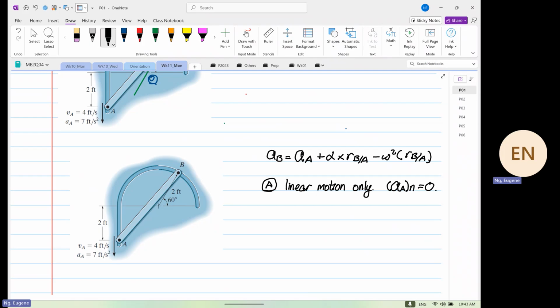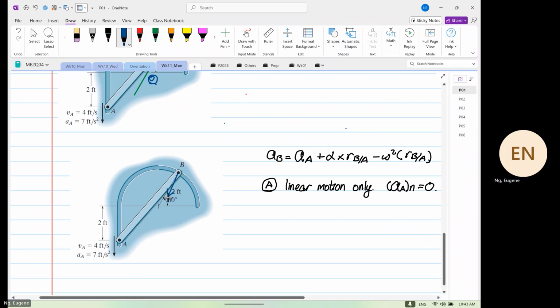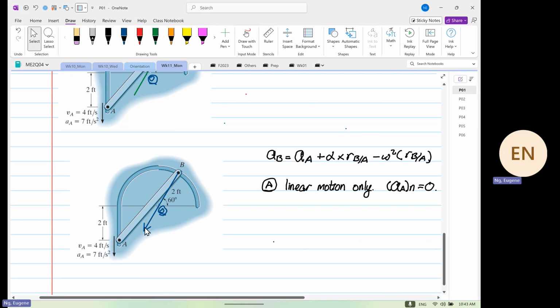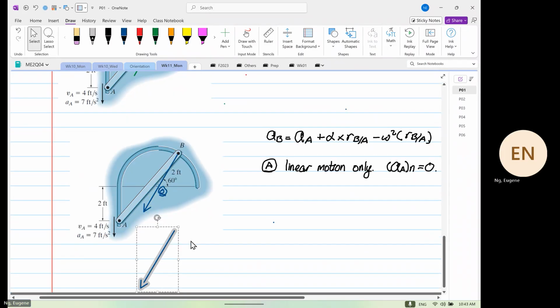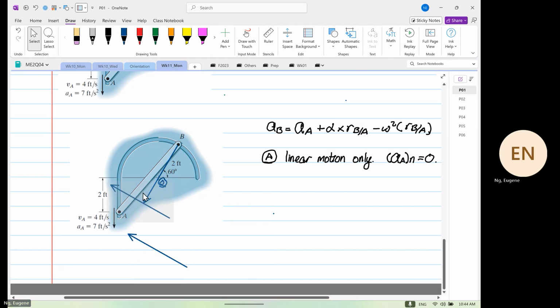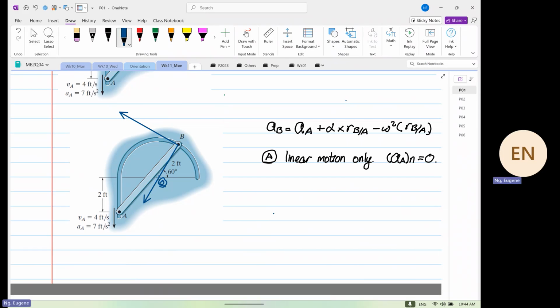Now I want you to focus at point B. And again, I want you all to see how I construct. So we know that over here, again, this is going to the center of the circle. So this is point O. And then I'm going to construct another arrow and I'm going to rotate by 90 degrees. So over here, this is AB tangential, and then we have AB normal.